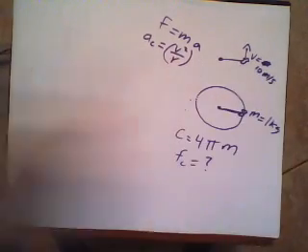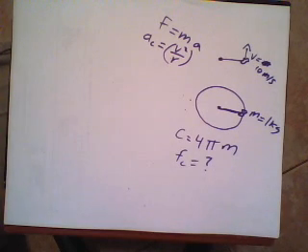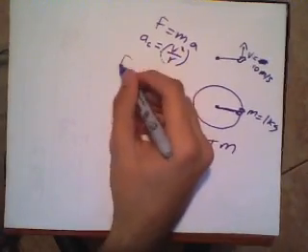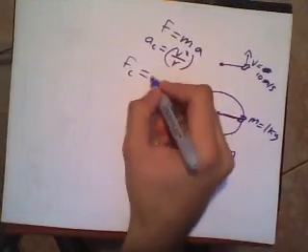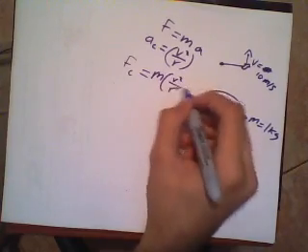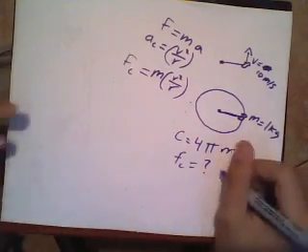V being 10 meters per second, and r will be determined from the circumference. So if we plug that into this, we know that centripetal force is going to be mass times v squared over r. Alright. Now we have the formula for centripetal force.